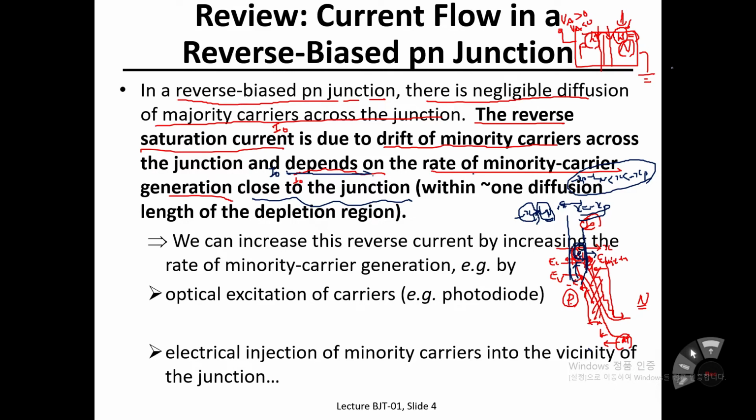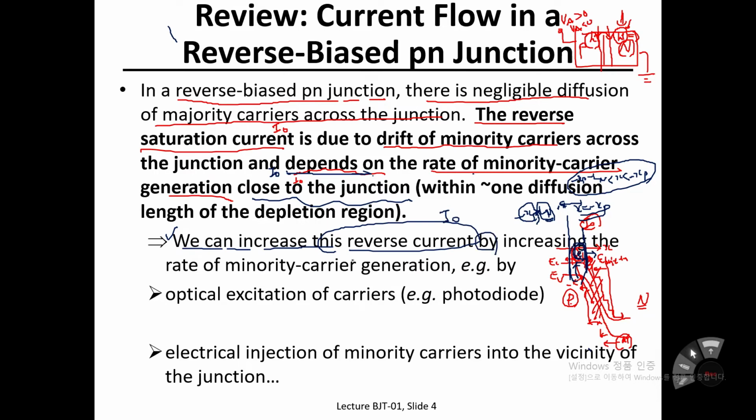So as we have learned, you should review the physical origin of the saturation current of a PN junction diode under reverse bias. Take a look at this sentence here. We can increase this reverse saturation current I naught by what?